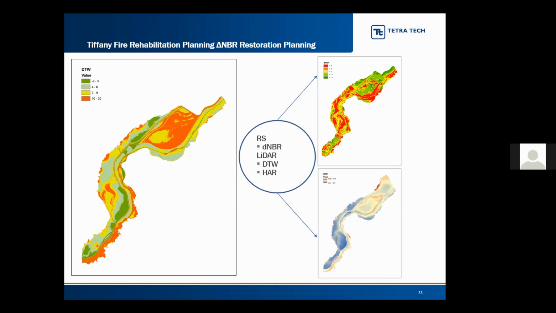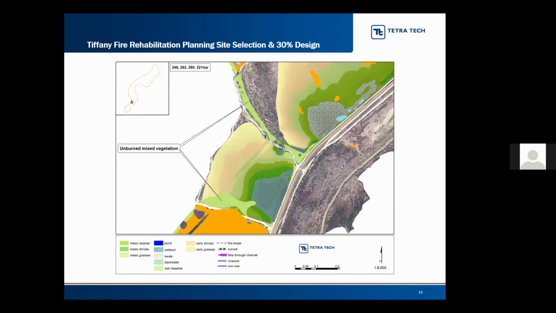We further developed a height above river model, which uses the height of both the low flow channel and the Rio Grande itself, the water elevation in relation to the surrounding landscape. And what we used that for was for more detailed level site planning that you'll see in the next slide here. So here's where all those elements came together.